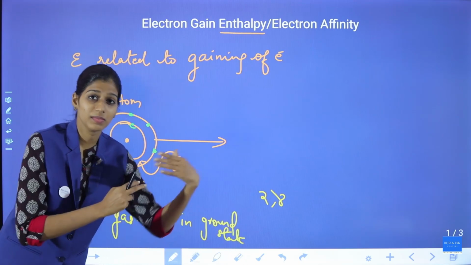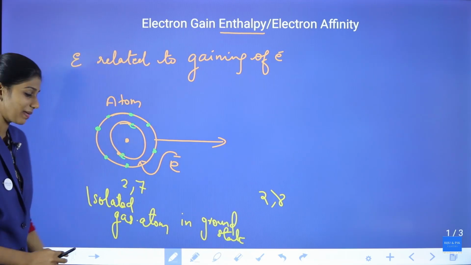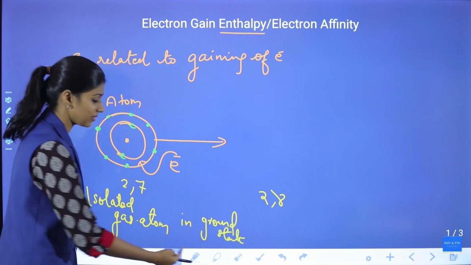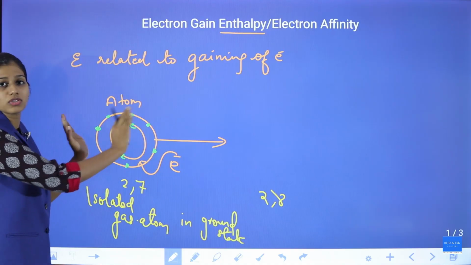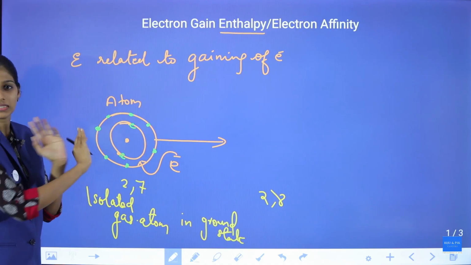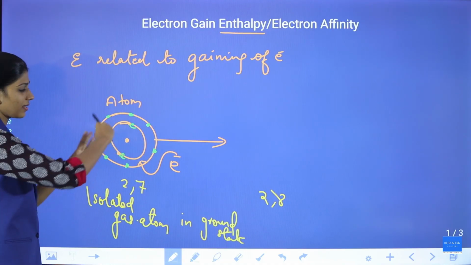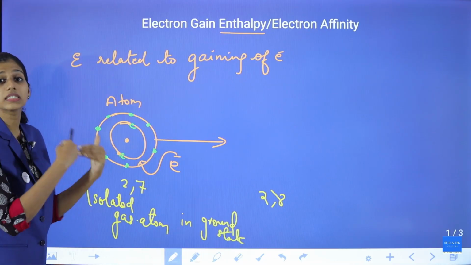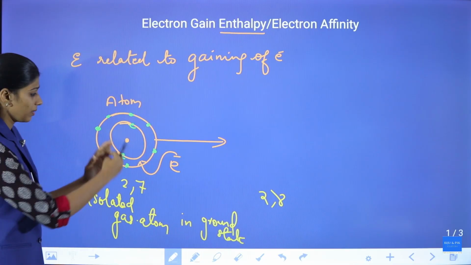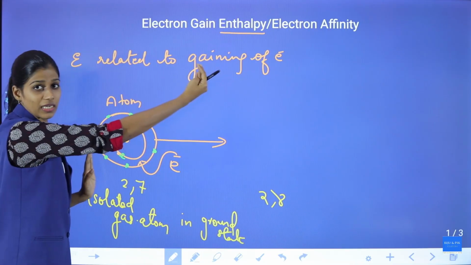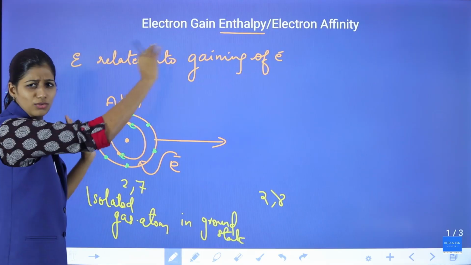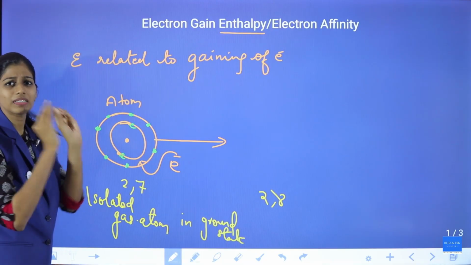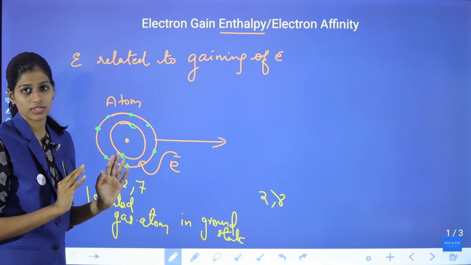We have studied this in structure of atom, during spectrum transitions. Ground state indicates the electrons are not disturbed. There is no excitation. Electrons are not jumping to a higher level. You have a perfect atom in the ground state.